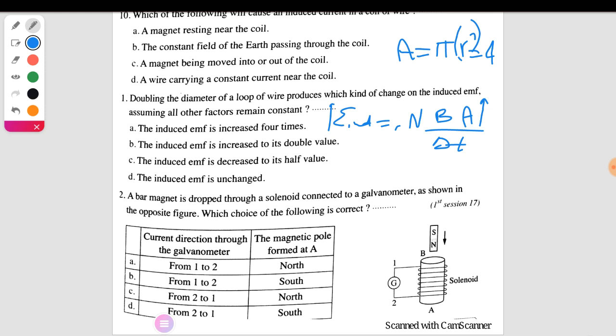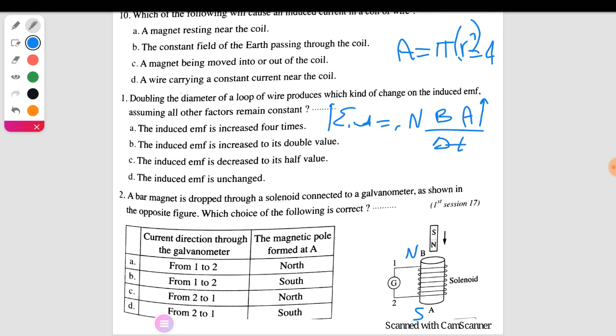In this case, when the north pole moves down, the pole at P is north and the pole at A is south. By applying Ampere's right-hand rule, we can determine the direction of the current.